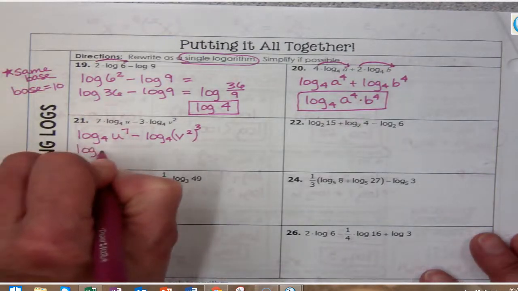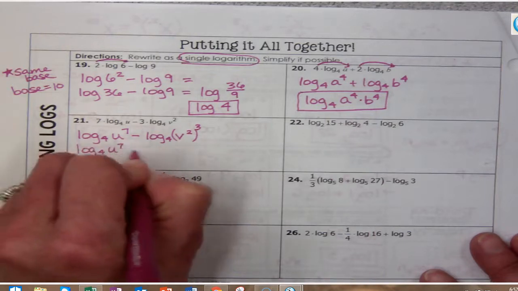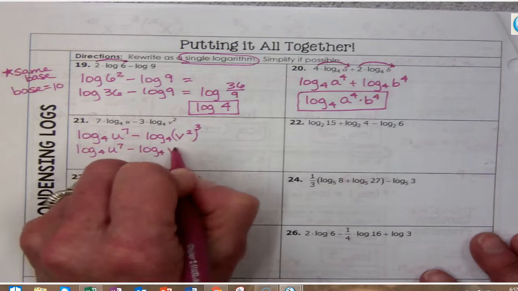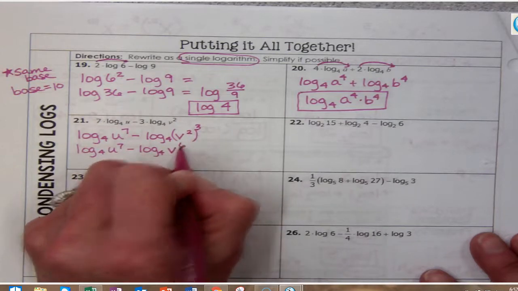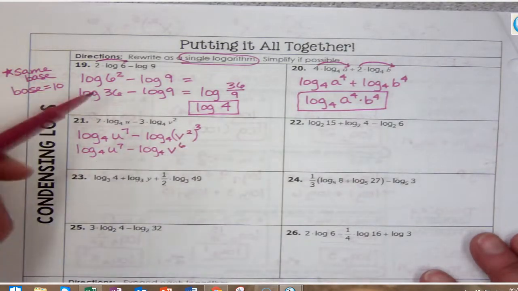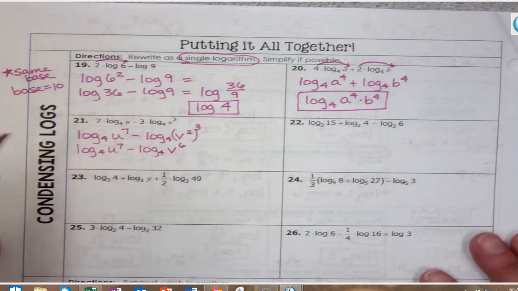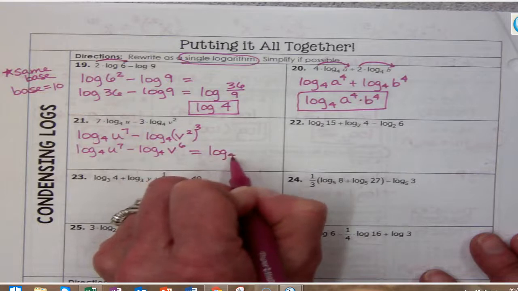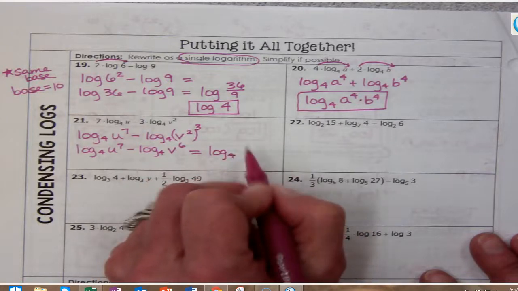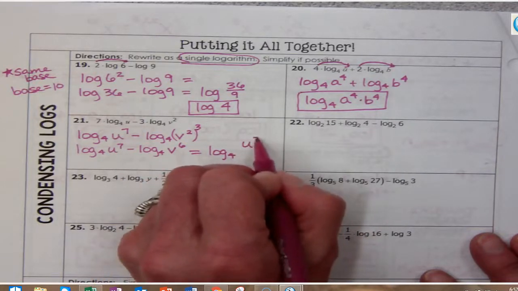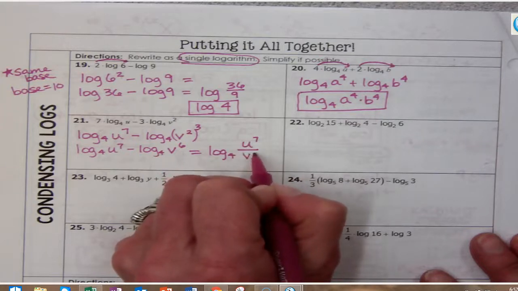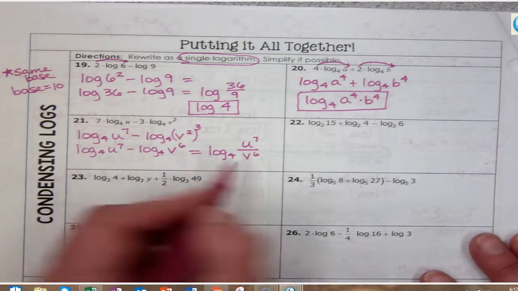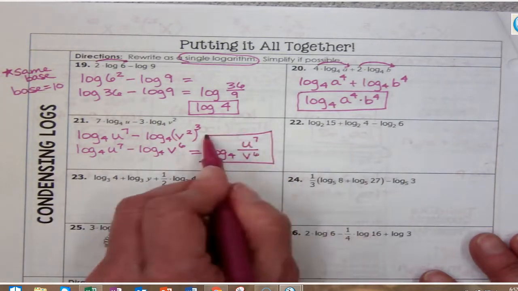It's u to the 7th minus log base 4 of v to the 2 times 3, which is 6. Now I know when I subtract, I divide. So this is going to be log base 4 of u to the 7th divided by v to the 6th. Can I do anything with that? No, that's it.